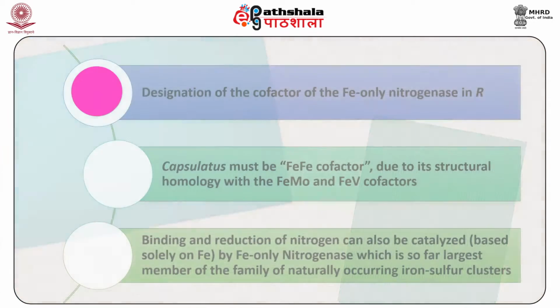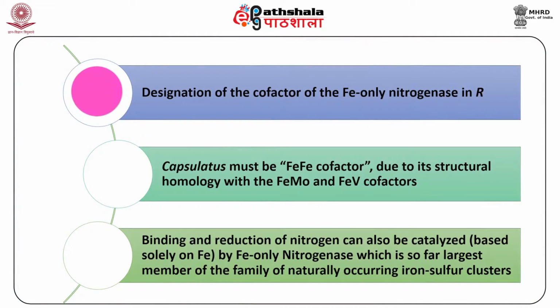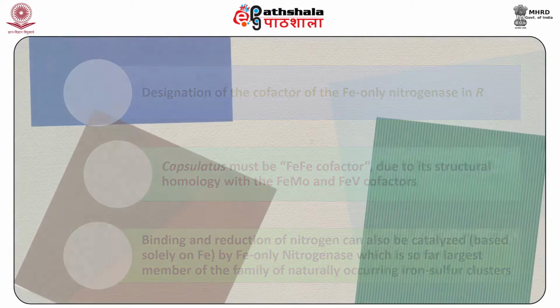The findings substantiate that the cofactor of the iron-only nitrogenase in R. capsulatus must be designated an iron-iron cofactor, due to its structural homology with the iron-molybdenum and iron-vanadium cofactors. Binding and reduction of nitrogen can also be catalyzed based solely on iron by iron-only nitrogenases, which is so far the largest member of the family of naturally occurring iron-sulfur clusters.